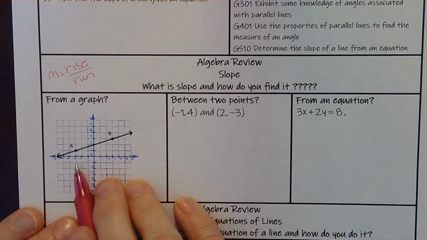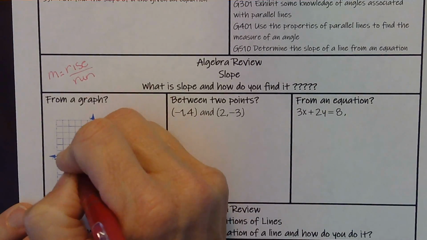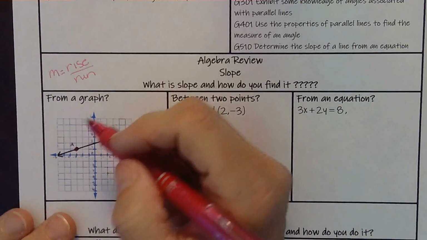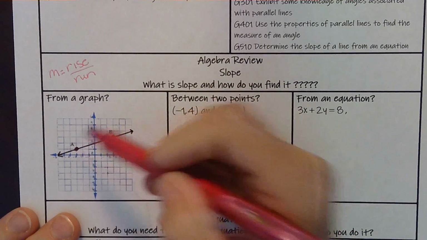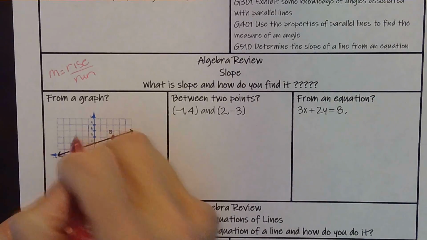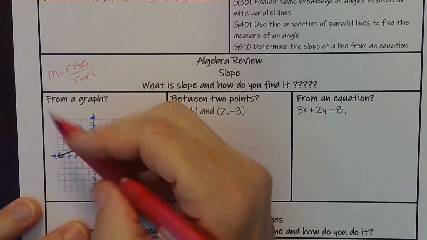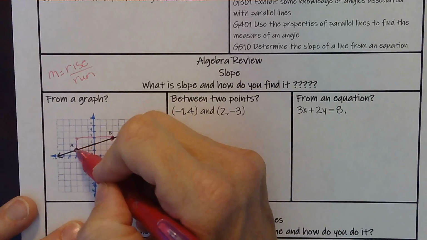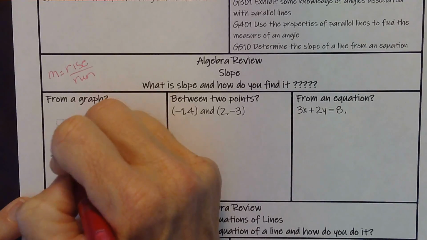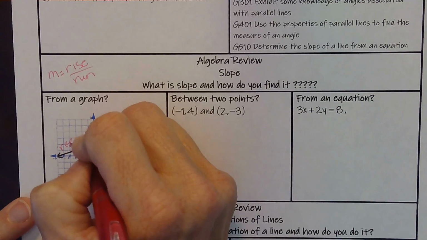When we look at the graph, if you can identify 2 points, to find the slope of this line, you can simply draw a right triangle. So I can go up and over. And the slope of that line will be the change in these y values, which is rising, and then from here over to this point, you are running.